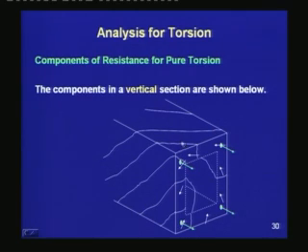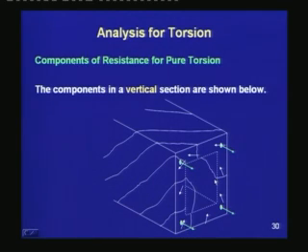The concrete has formed struts which carry compression. The steel reinforcement, which is both longitudinal and transverse, forms ties. Here the longitudinal bars are shown with axial tension which is generated due to torsion. Thus, torsion generates stress in the longitudinal bars as well as the transverse bars.